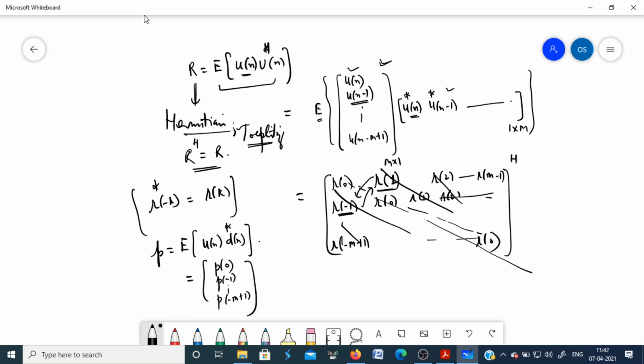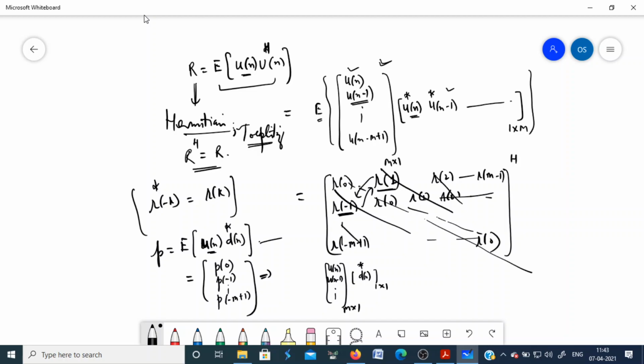Mind that u of n is a vector, an m cross 1 matrix of the input samples, that is u of n, u of n minus 1 and so on, and d of n is a single element, a 1 cross 1 matrix, in star.